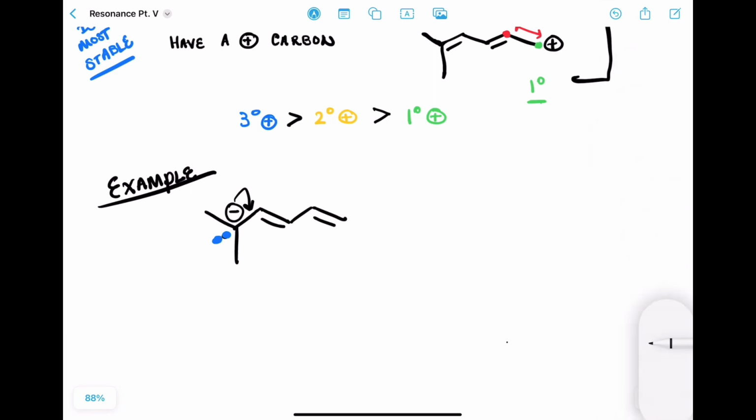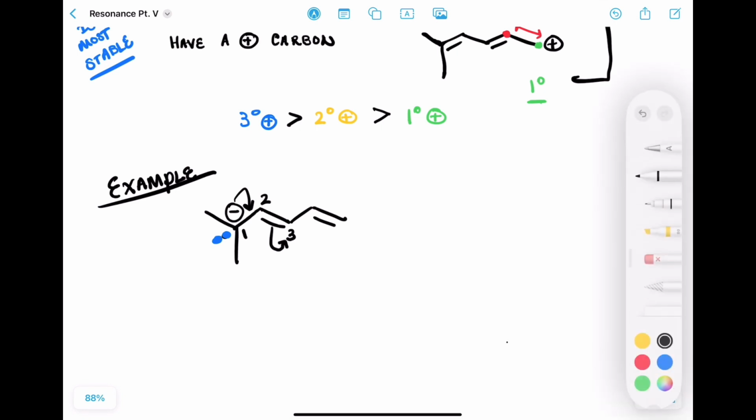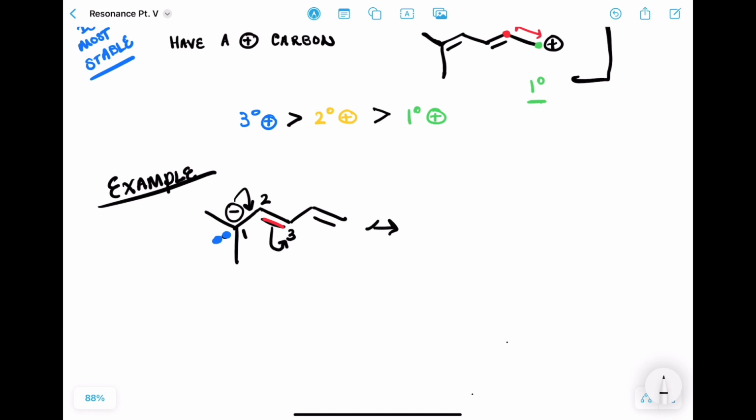And so if we do our notation, this being 1, that being 2, that being 3, essentially the lone pair that was on 1 becomes a bond from 1 to 2, and then the bond that was from 2 to 3 becomes a lone pair on 3. So I'll go ahead and highlight that, and then we'll draw our resonance structure.